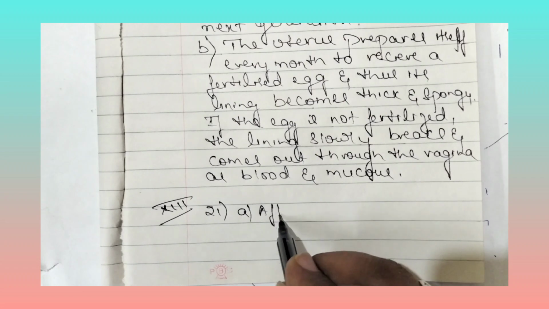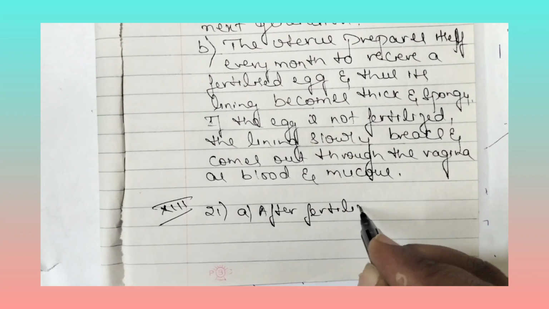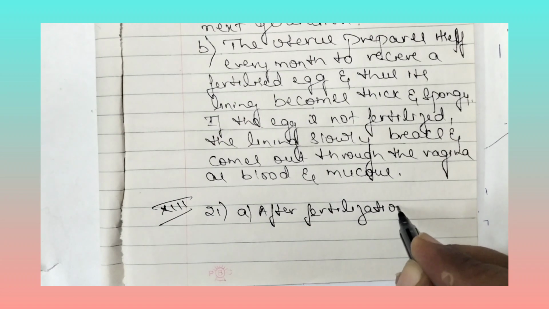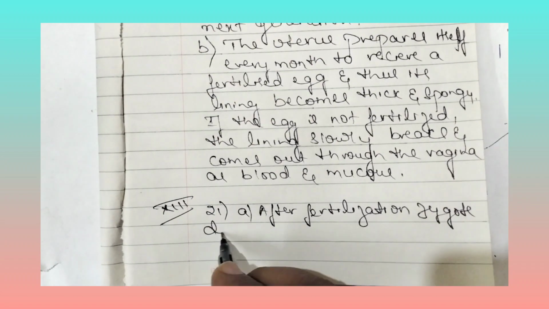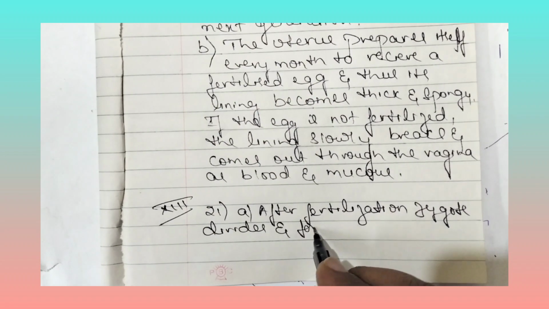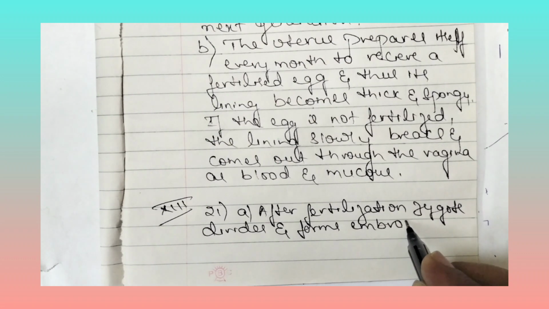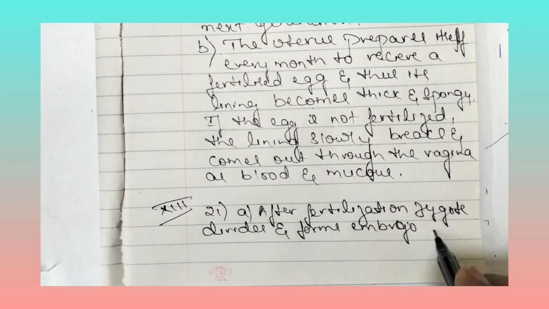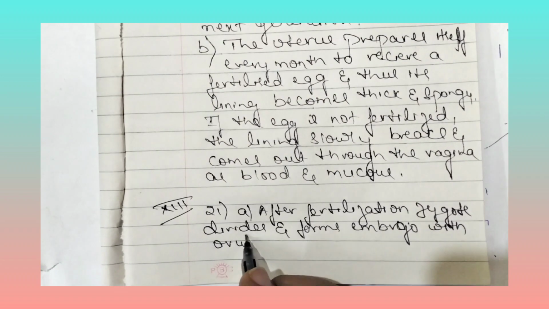After fertilization, the zygote divides and forms an embryo within the ovule.